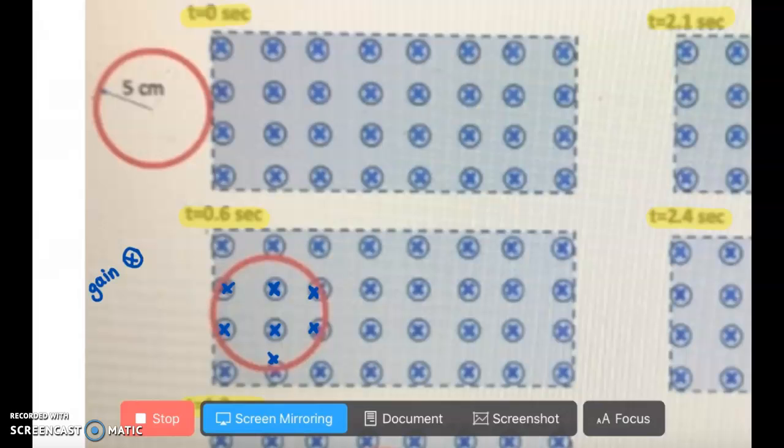And so what I do is I create a current. I have an induced current such that I can balance out that gain in X's by creating a magnetic field that's out of the page. After all, the change was a gain in X's, so to resist that change, to compensate for a gain of into-the-pageness, I create some out-of-the-pageness. Now, how can I create an out-of-the-page magnetic field?